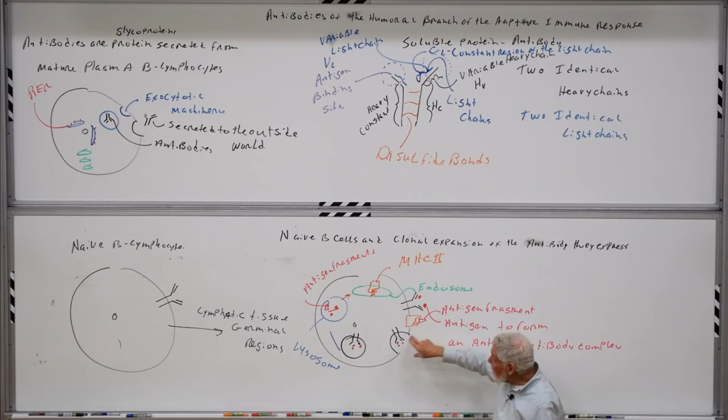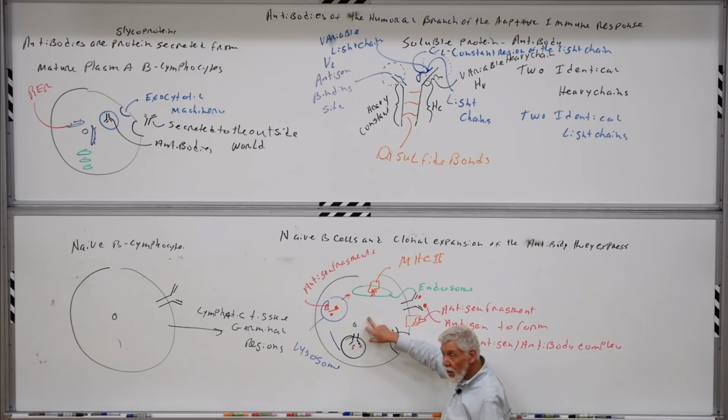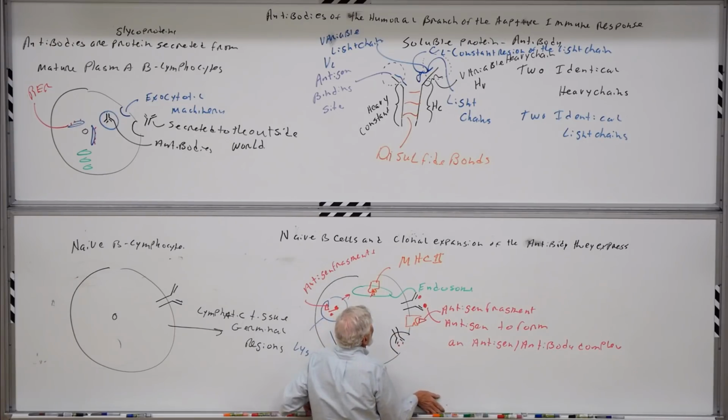But unless this B lymphocyte, which has endocytosed the proteins, passed the protein through its endosome and displayed it on an MHC2 protein, unless this cell is found by a T helper cell, nothing's going to happen. But if this cell is recognized by a T helper cell, then this cell is going to make like a gazillion copies of itself. And that's going to be the concept of clonal expansion. So I'm going to go to the upper panel again.